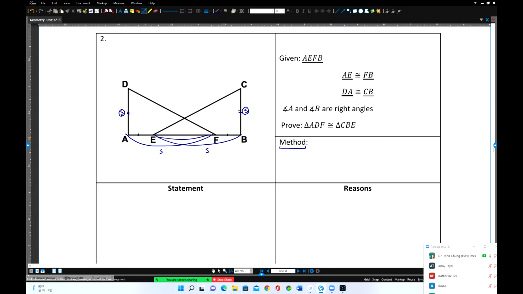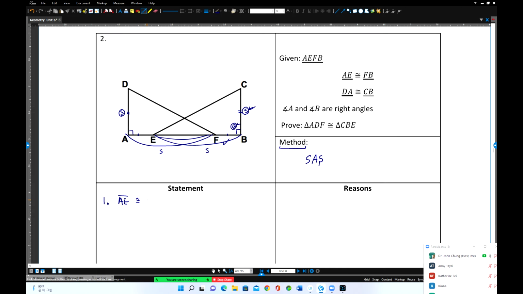Angle A, angle B, right angle. This is a right angle already. We don't have to go hypotenuse-leg. What is that? Side, angle, side. This one we have to go side, angle, side now, not HL, okay?